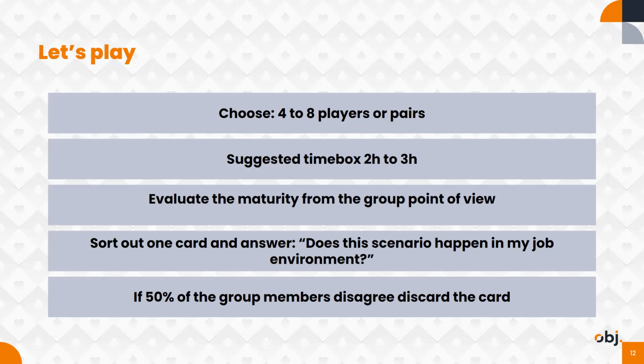Yeah, here we have, I think, one of the first tricks in the game. They are winning points when they have some cards with a real problem in the company.